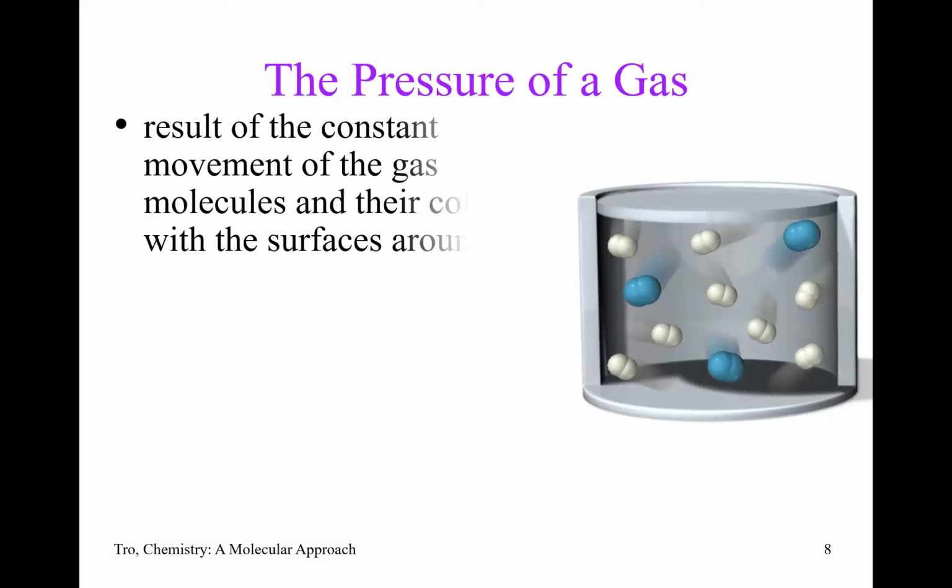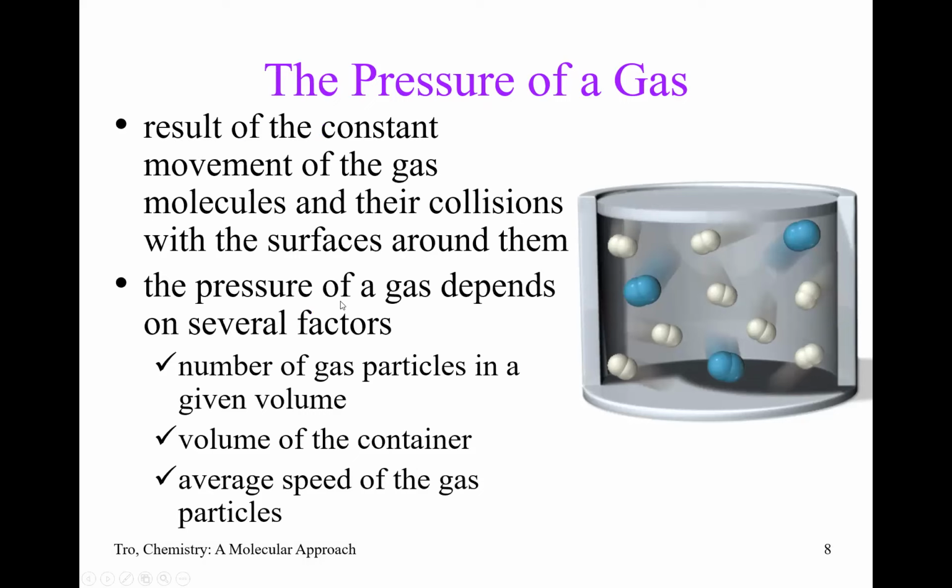All right, so pressure is the result of a constant movement of gas molecules and their collisions with surfaces around them. That's basically what the pressure is. And this is coming up with that ideal gas law building up. So the pressure, or P, is related to several things.